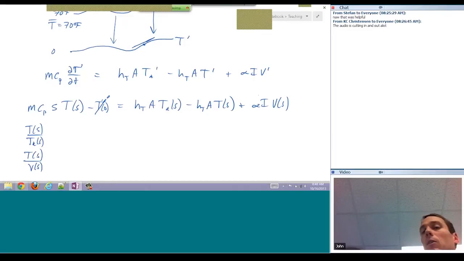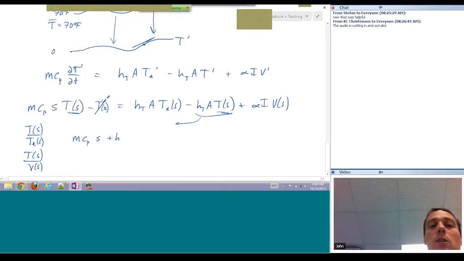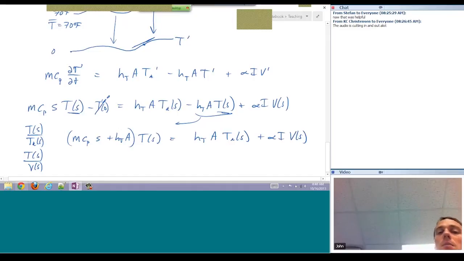This term, I know I've got to combine it with that term, so let me first bring that over. M C sub p S plus H T A, times T of S equals H T A T ambient of S plus alpha I V of S. Okay, so I've got that.